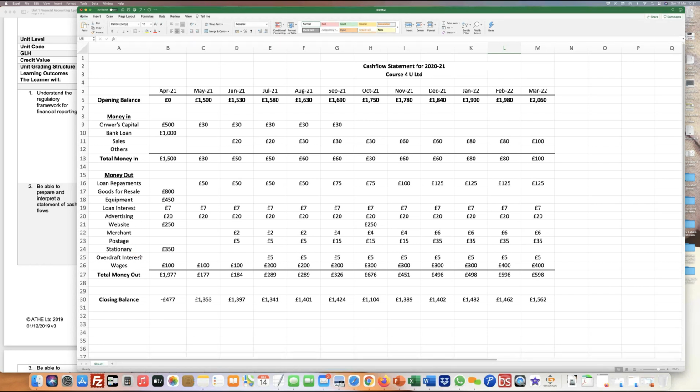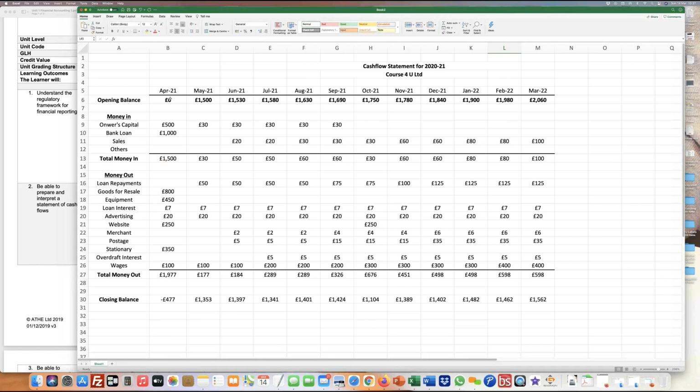You're looking at postage, stationery, any overdrafts if the company is looking at borrowing. When you look at money coming in, normally the heads are fewer, and when we look at money going out, the expenses side of things is what we are looking at, mentioning them as individual heads.